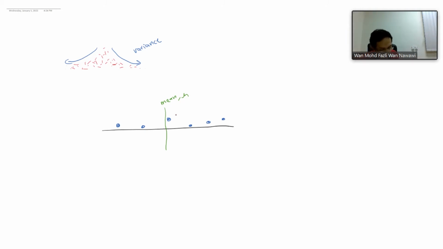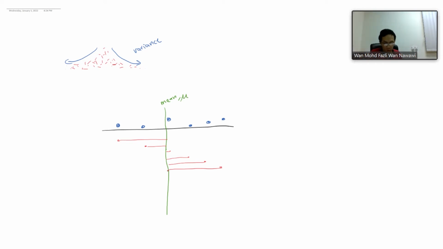Variance is basically how they find it. This is the middle, right? To calculate the variance, they calculate from here to here, and from here to here, and so on for each point, and then they average it.